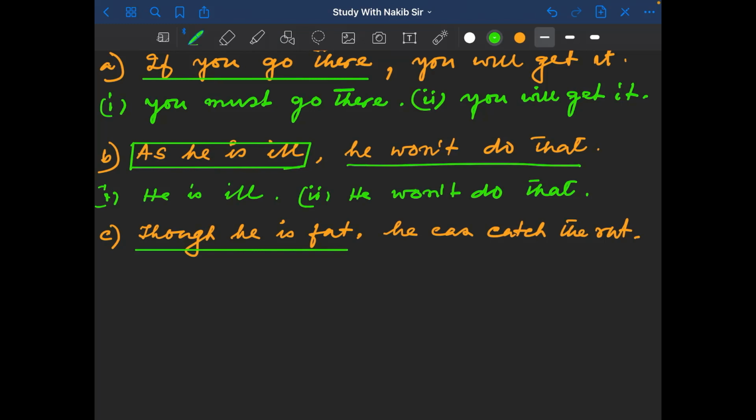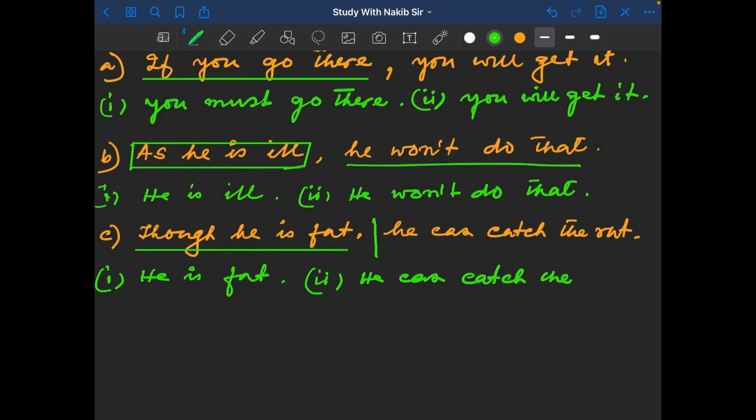So we'll cut the original sentence here, then we'll write here number 1, though will be out, it is a conjunction, we'll write he is fat, and number 2, he can catch the rat.